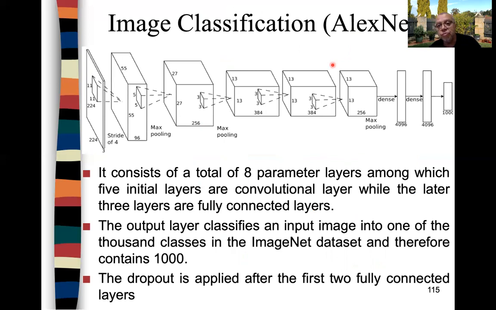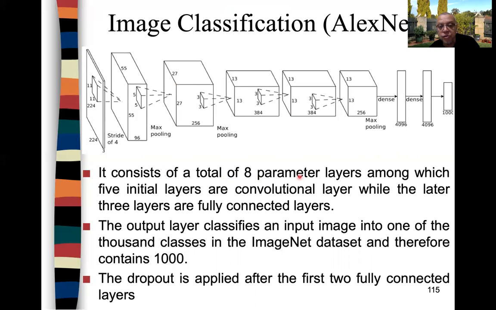Deep networks were used mainly in speech and some other areas, but then when AlexNet came, there was an interest in the use of deep networks for vision, and this architecture won the ImageNet Large-Scale Visual Recognition Challenge, in short ILSVRC, in 2012 by a large margin.